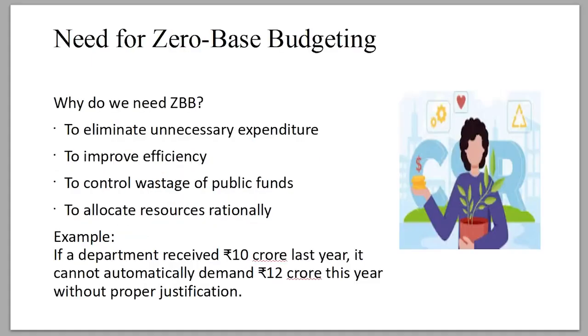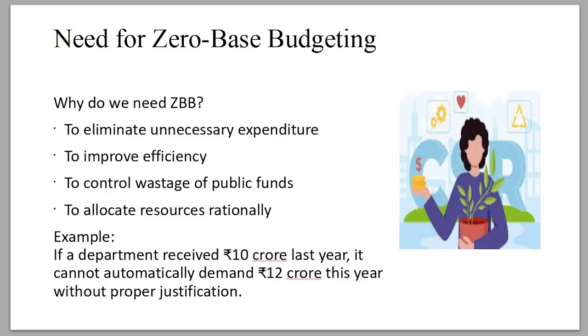Why do we need zero-based budgeting? Now think practically. Sometimes departments continue projects just because they existed in the past, even if they are not useful now. For example, suppose a government scheme was started 10 years ago. Initially, it was very useful, but today, maybe it is outdated.